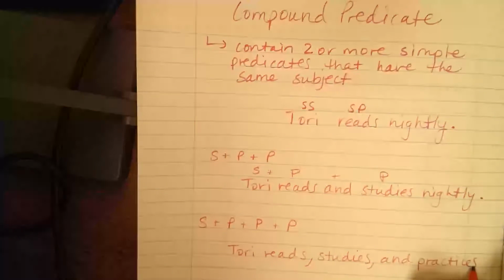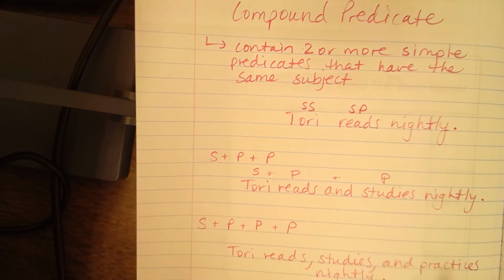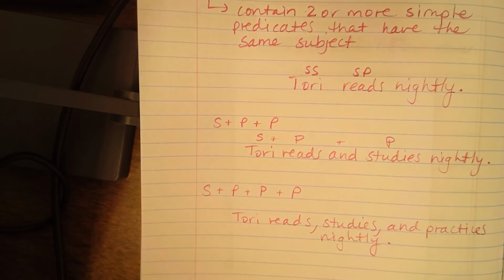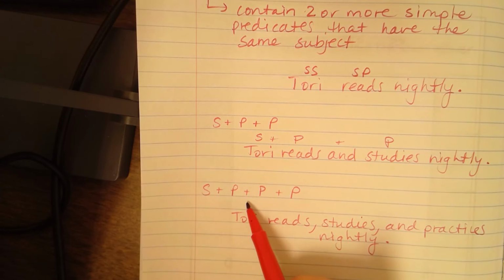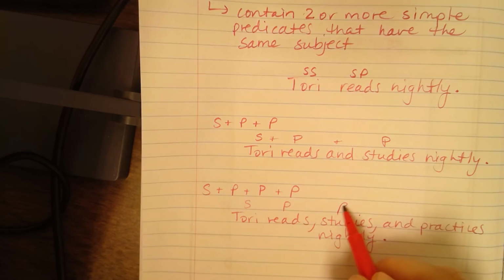So now I have one subject, which is Tori, and three predicates: reads, studies, and practices. Okay, so that would be a compound predicate with three predicates going on.